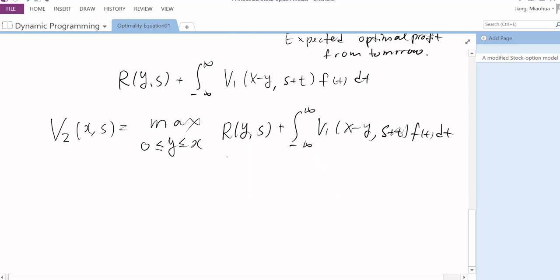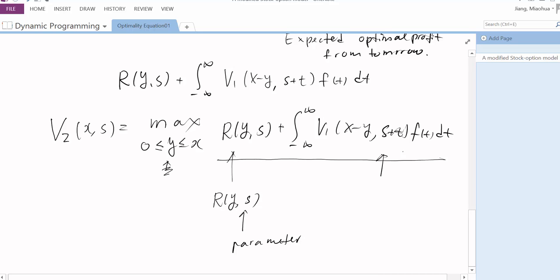If we look at what we have on the right hand side over here, we see the first term is going to be a function of y with S as a parameter. So we have R(Y, S) over here. S is a parameter, and the optimization is over the variable y. That's consistent with our assumption. Y is our action variable. And if you look at the second term, t is the dummy variable we integrate over.